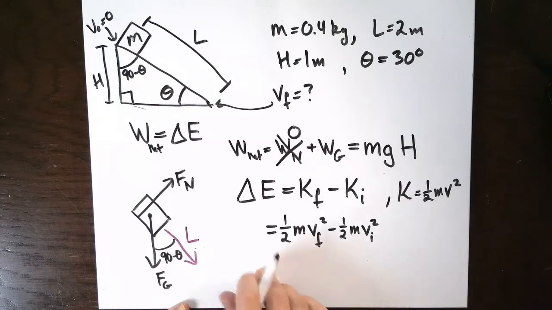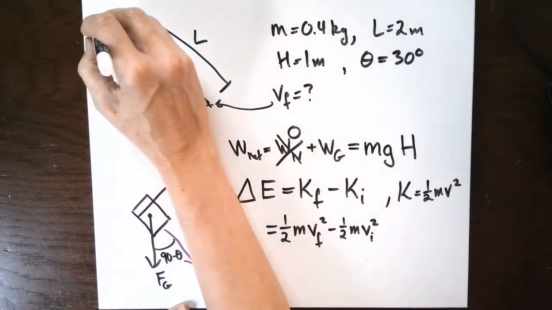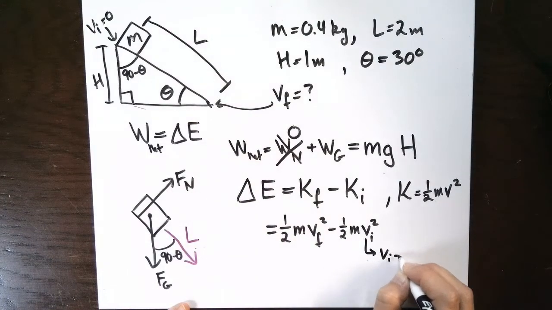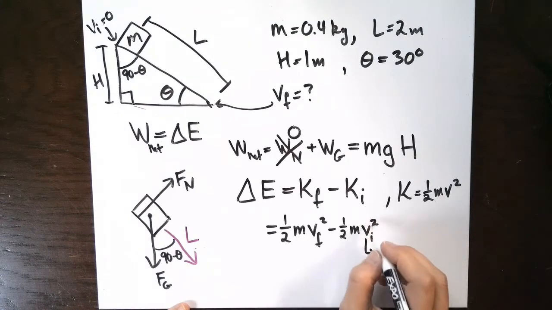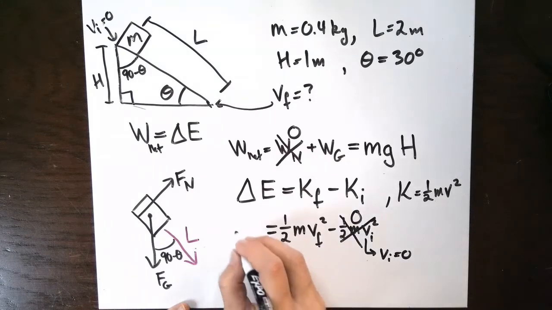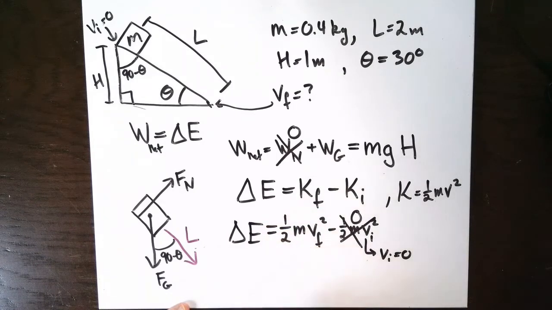And what do we know? Well, I've written it differently here. I have it as v0, but that is definitely the initial speed. So the initial speed is equal to 0, which means that the initial speed squared is equal to 0, which means that anything times that, all of that is 0. Okay, so the change in energy is just equal to 1/2 the mass times the final velocity squared.